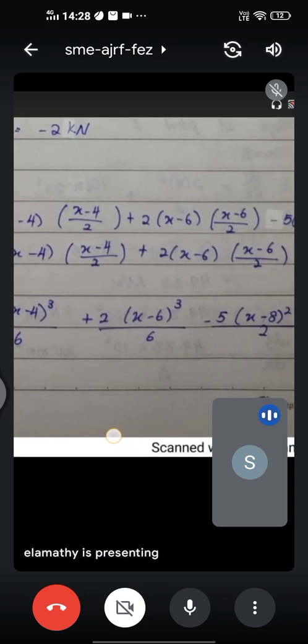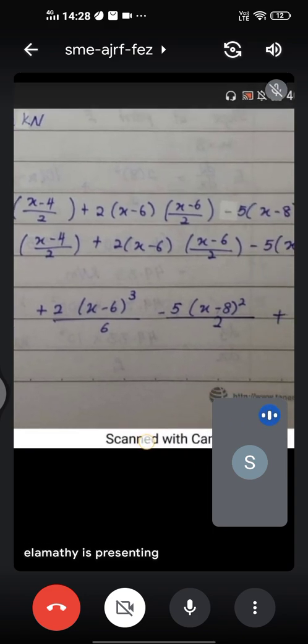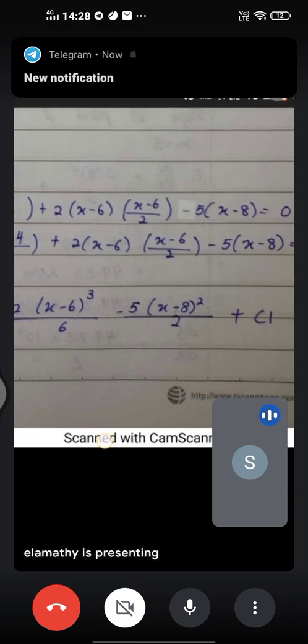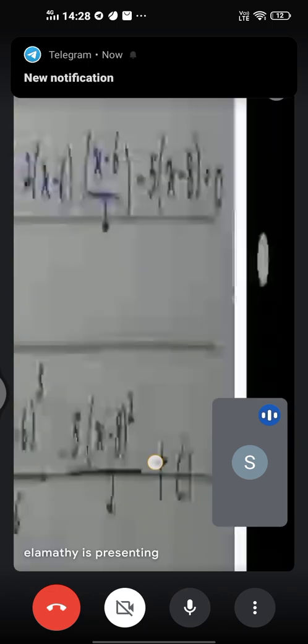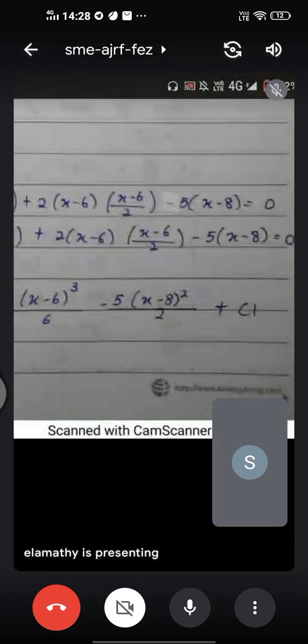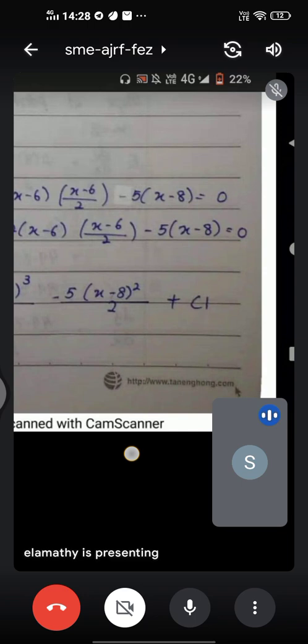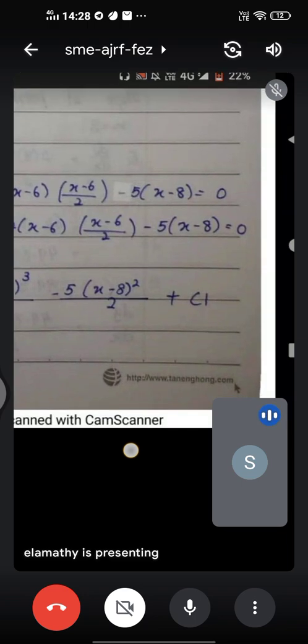Again you have to open another bracket x minus 4 over 2 close bracket plus 2 open bracket x minus 6 close bracket. Again you have to open x minus 6 over 2 close bracket minus 5 open bracket x minus 8 equals 0.